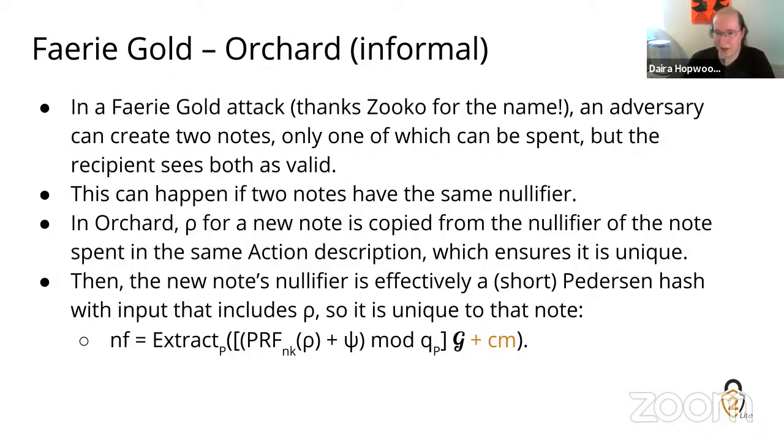And the reason this doesn't happen is that we're adding this note commitment here. The base G is independent of the bases used in the note commitment. And because of the properties of the Pallas hash, it's collision resistant, and that proves that it's infeasible to find two nullifiers for the same note. Okay, that's it.